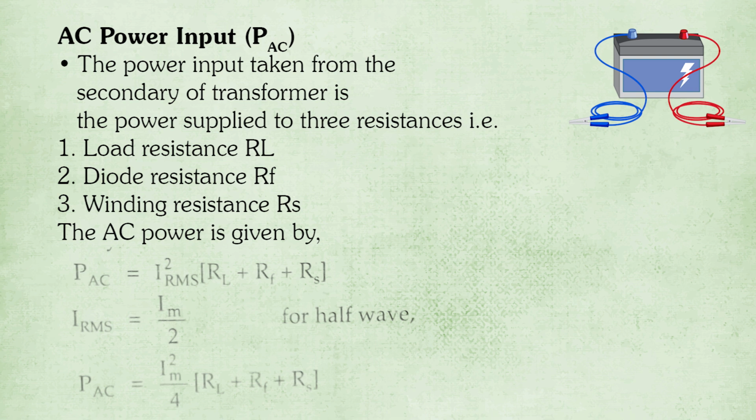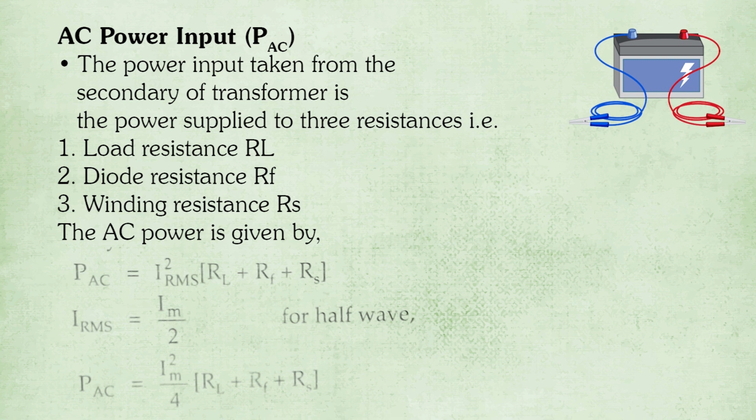So, here we have to find the AC power input of the rectifying element. The power is supplied to the three resistances, that is the load resistance RL, diode resistance RF, and winding resistance RS. So, the AC power is given by PAC equal to I square RMS into RL plus RF plus RS.